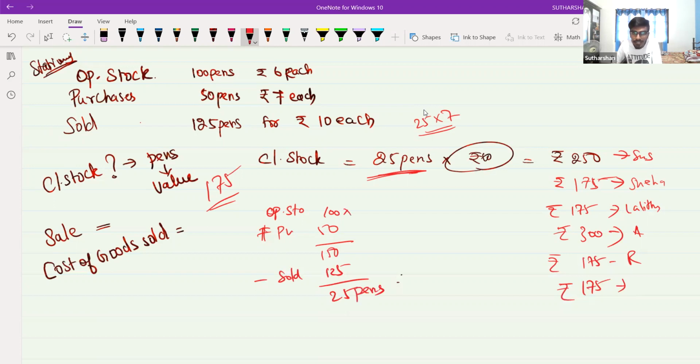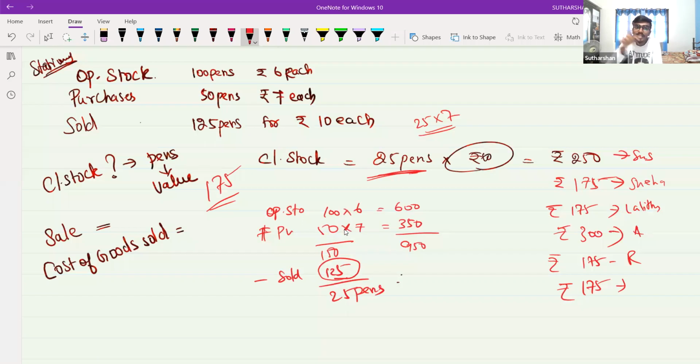This 100 pence I purchased at 6 rupees, so the cost is 600. These 50 pence I purchased at rupees 7, so I get 350. 7 fives are 35, so 350. So the total cost worth is 950. So these 125 pence I am selling out.